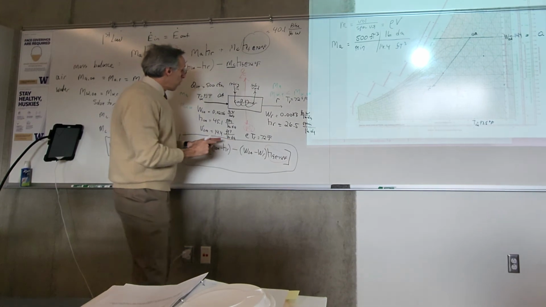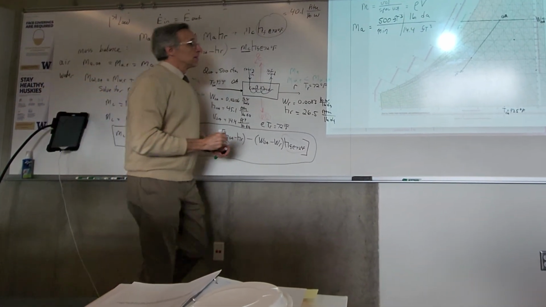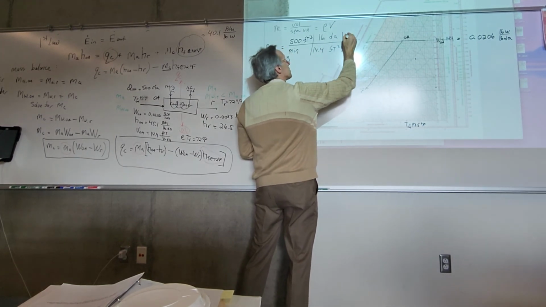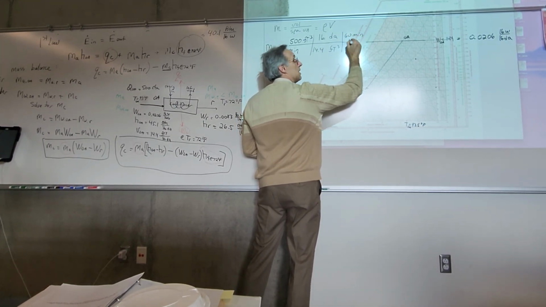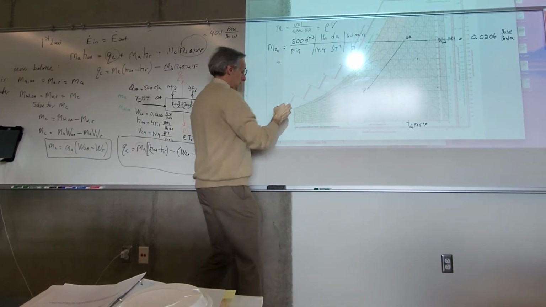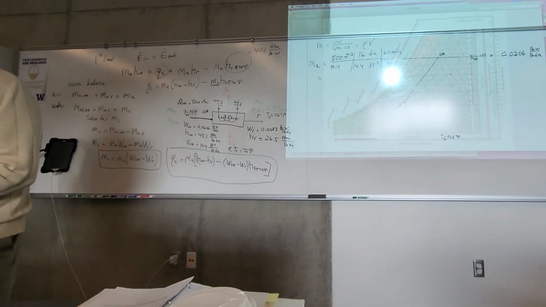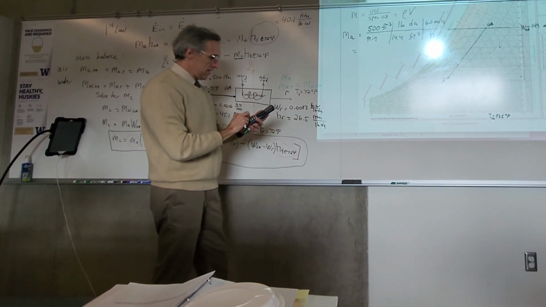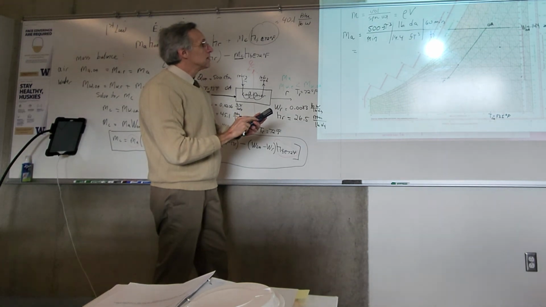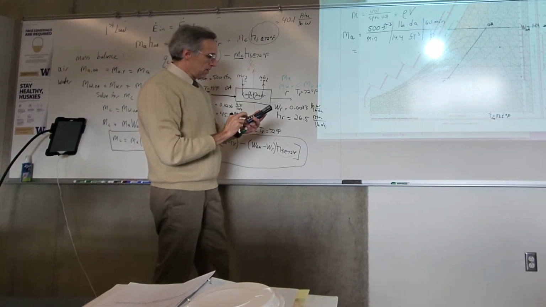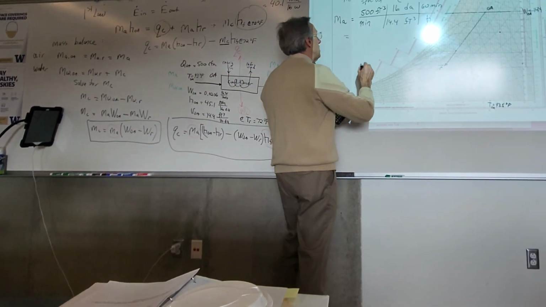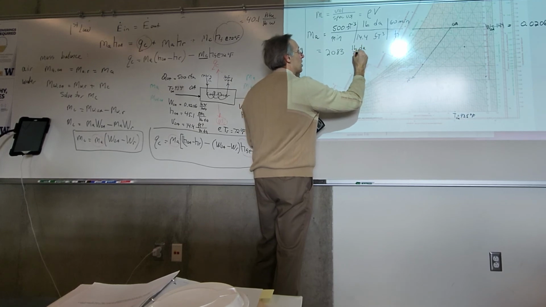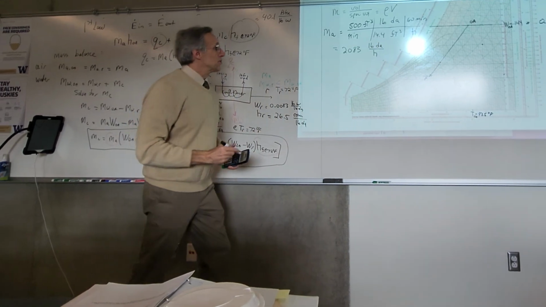But we want this in hours, so I'm going to convert to hours. This is minutes here, 60 minutes in an hour. So 500 times 60 divided by 14.4 equals 2,083 pounds of dry air per hour pushing through our system.